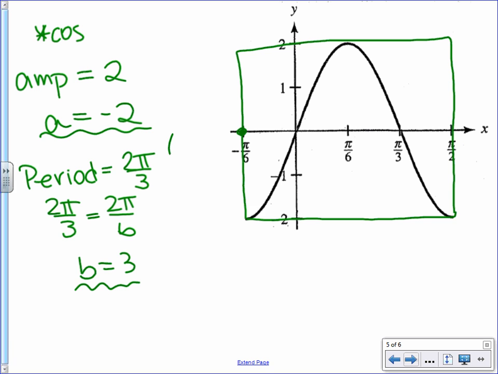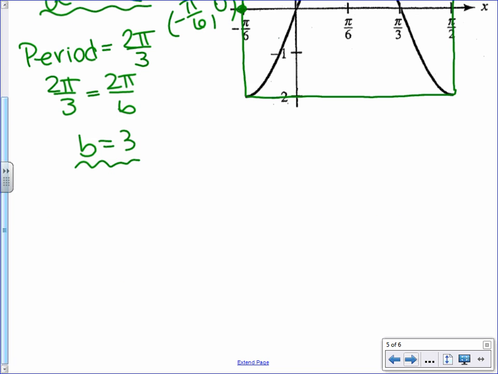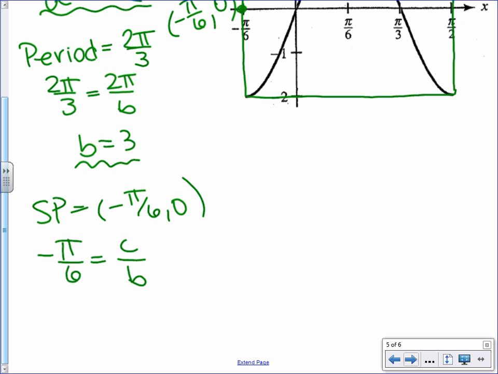Now, our starting point is negative pi over 6, 0. Right? Well, if our starting point is negative pi over 6, 0, then negative pi over 6 has to be c divided by b. Do we know b? Yes, b is 3. So negative pi over 6 is c over 3.